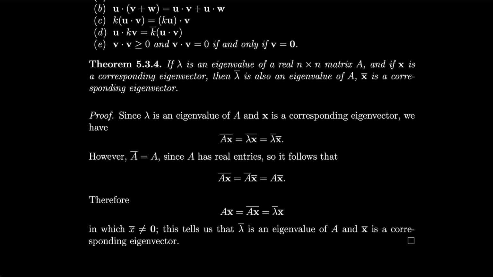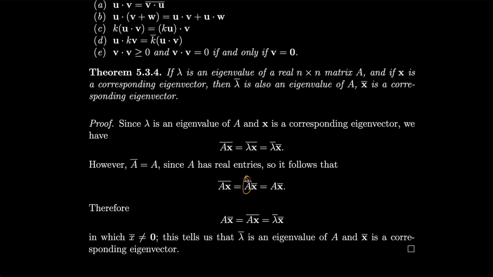But remember that we have a real n by n matrix A, so that means that the conjugate of A is equal to A. So the conjugate of Ax, which is the conjugate of A times conjugate of x, is just A times conjugate of x. The conjugate disappears for A. So we have A times conjugate of x equal to the conjugate of Ax equal to the conjugate of lambda times the conjugate of x.